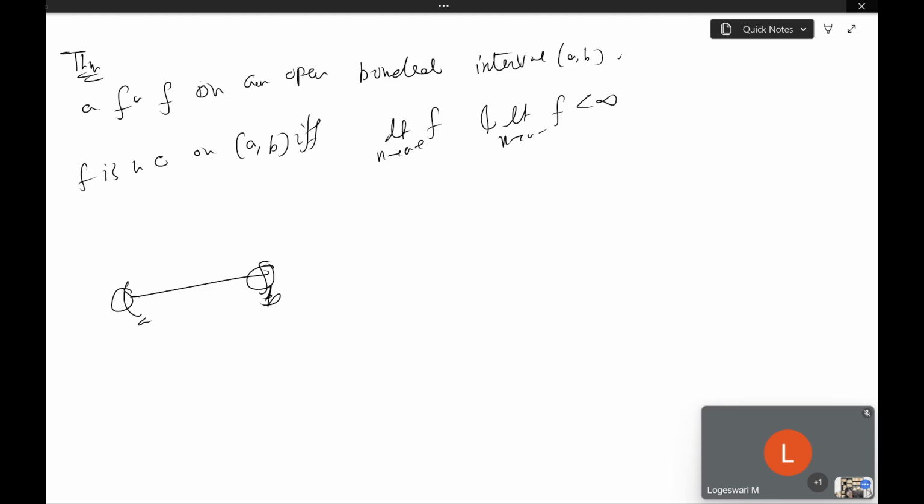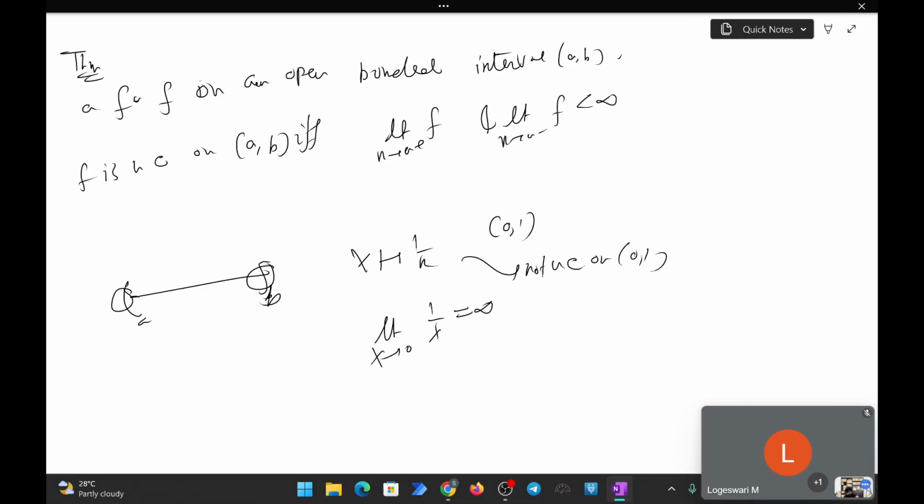For example, consider the function f(x) equal to 1 by x and the open interval (0, 1). The limit as x goes to 0 is infinite, so this function is not uniformly continuous on (0, 1). Okay.